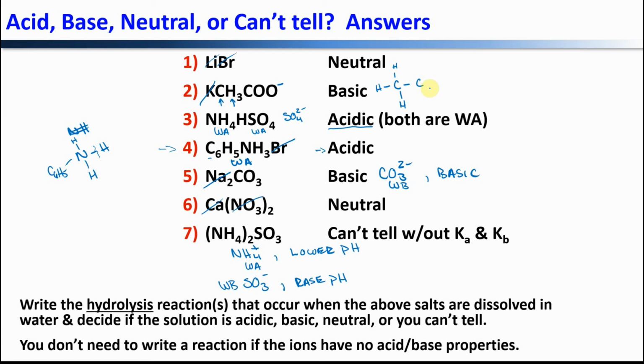So what does that tell me? These hydrogens aren't going to come off, so that is not going to be acidic. That means the only thing that can happen is I can accept a hydrogen, the bond to one of those oxygens. So it is going to be a weak base and therefore make the solution more basic.